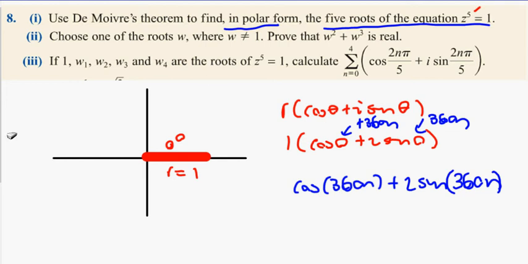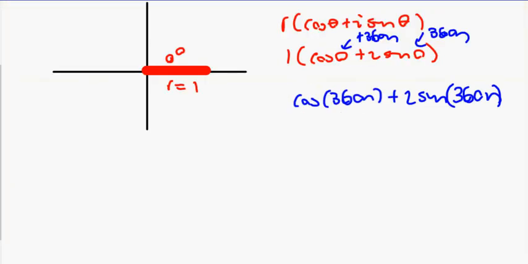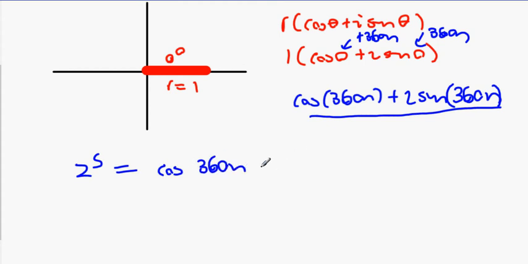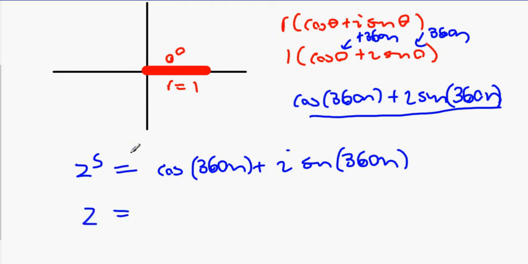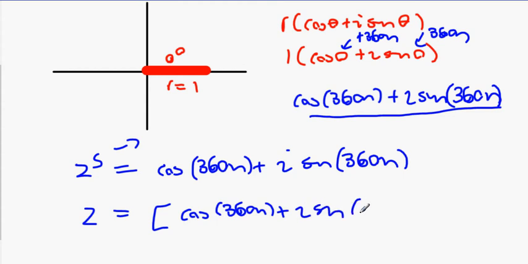So what we're going to have next is z to the power 5 equals this in polar form, which is cos 360n plus i sin 360n. When you bring the 5th over to the other side, it's going to be cos 360n plus i sin 360n, all to the power of a 5th.